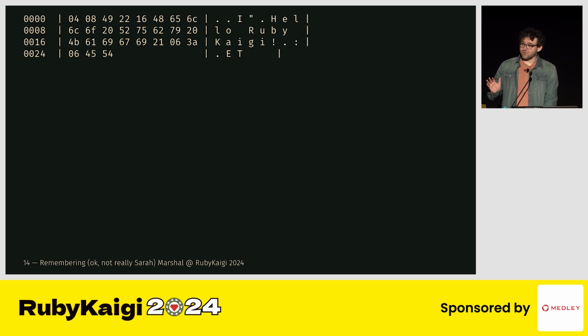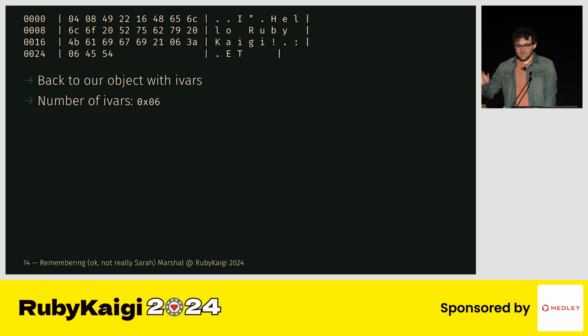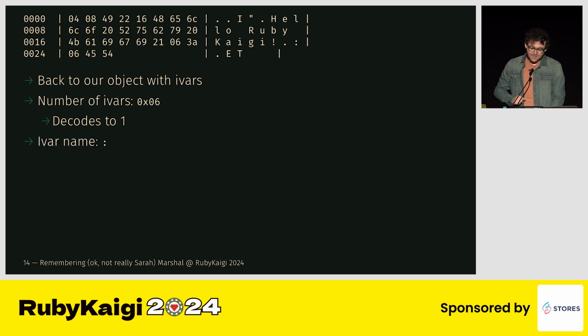Okay, we just sped through a whole bunch of bytes there. We're almost at the end now. So now we're done with our string. We're back to our object with ivars. And we can see that the number of ivars is 0x06, which means we, of course, have one instance variable. Next field, we have the name of the instance variable, which is going to be a symbol, which is denoted by a colon. Okay, that makes sense to us as Rubyists.